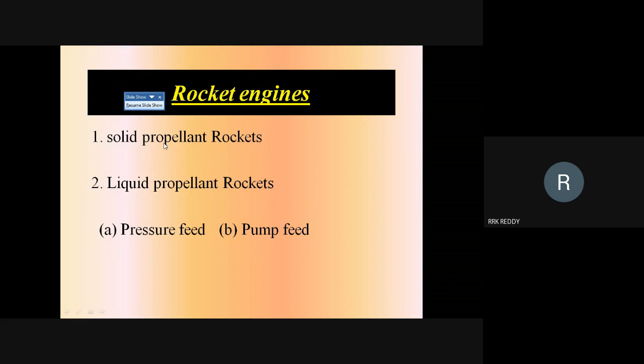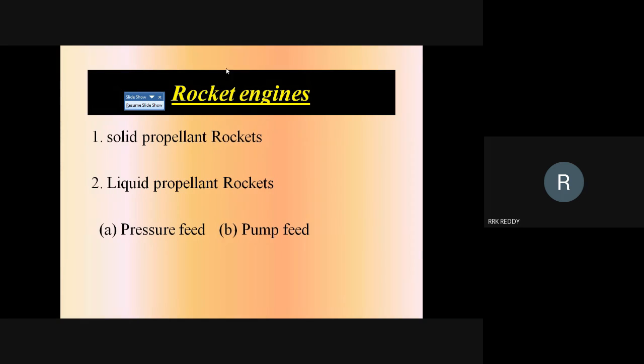Propellant means nothing but the mix of fuel and oxidizer. Fuel is for burning, and oxidizer is for combustion purposes. Because oxygen is not available in space, rocket engines carry an oxidizer tank and also a fuel tank along with them.